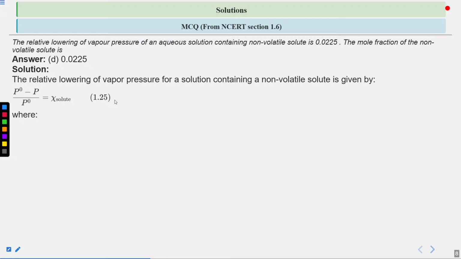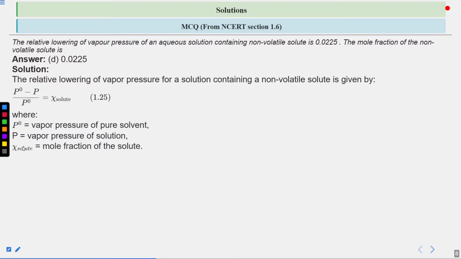Also, this equation is marked as 1.25 in our NCERT textbook in the chapter Solutions. In this equation, P naught is the vapor pressure of the pure solvent, P is the vapor pressure of the solution, and chi of solute is the mole fraction of the solute.